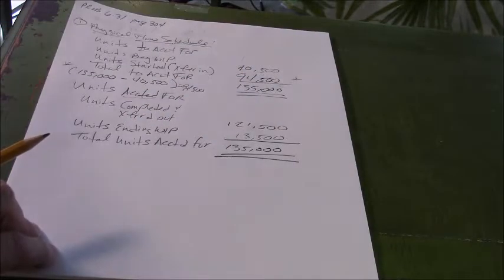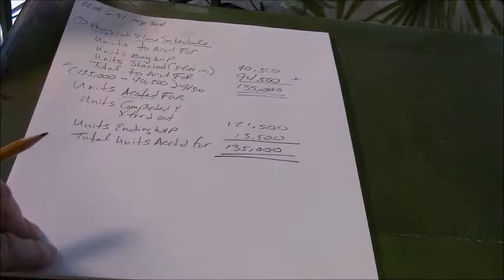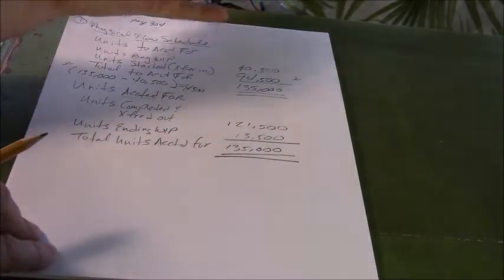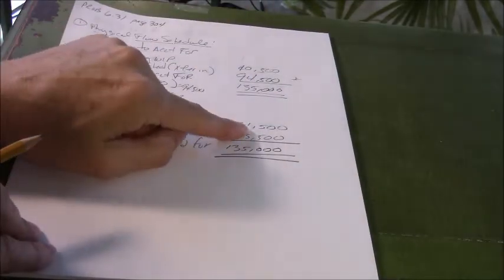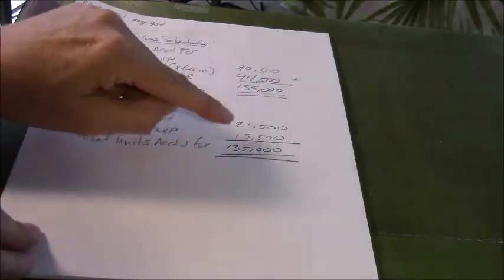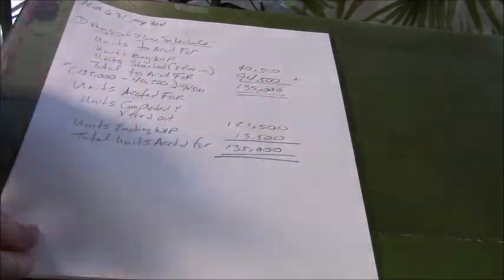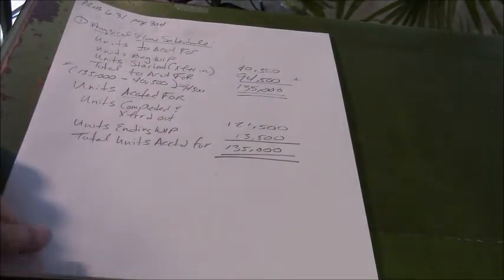During the course of September, 94,500 came in, and some of this got finished and sent out. In fact, 121,500 got finished and sent out, which left 13,500 on the factory floor still being worked on. So that's the physical flow of units during the month.